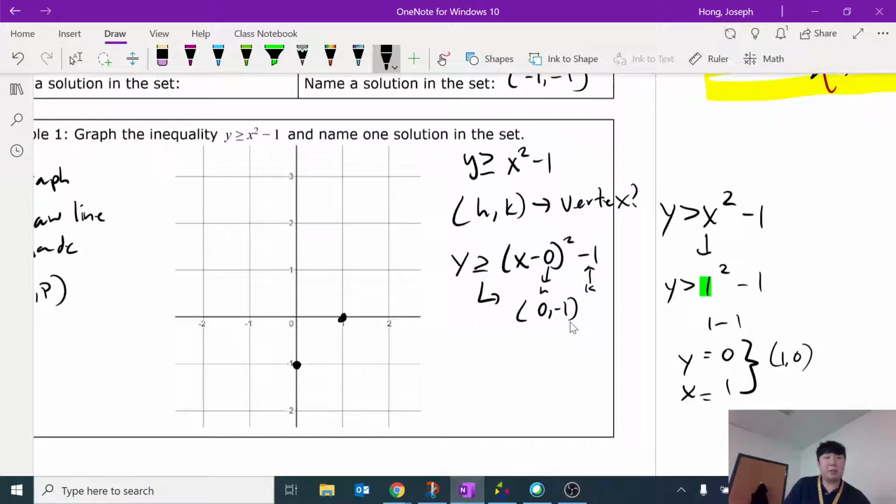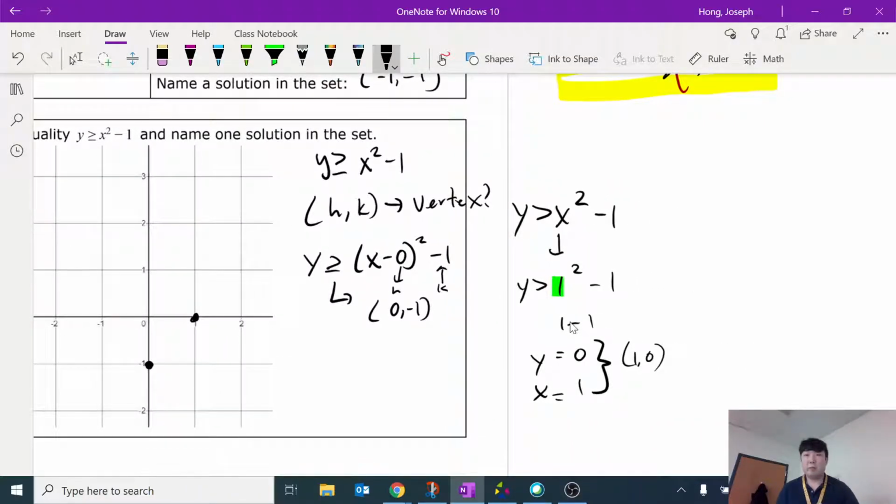I can do this millions and millions of times, but I'm going to do it one more time. And I'm going to put y is equal to this time, because I'm just trying to find my points for my graph. y is equal to x squared minus 1. And since this is part of my grid, I'm going to put -1 as my x.